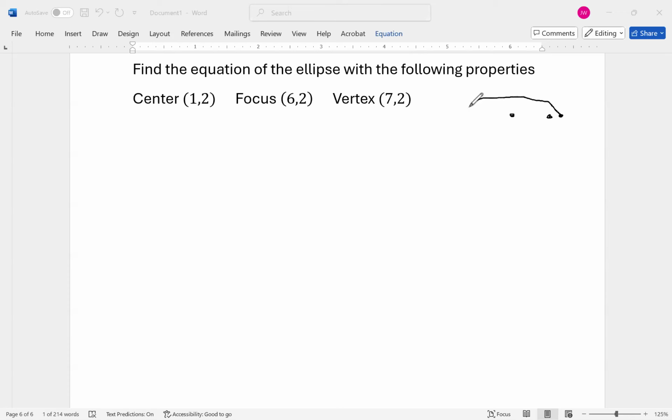Because I know that the focus is going to be on the major axis, I now know the major axis is parallel to the x-axis, so my ellipse is going to be stretched out more in the x direction than in the y direction.